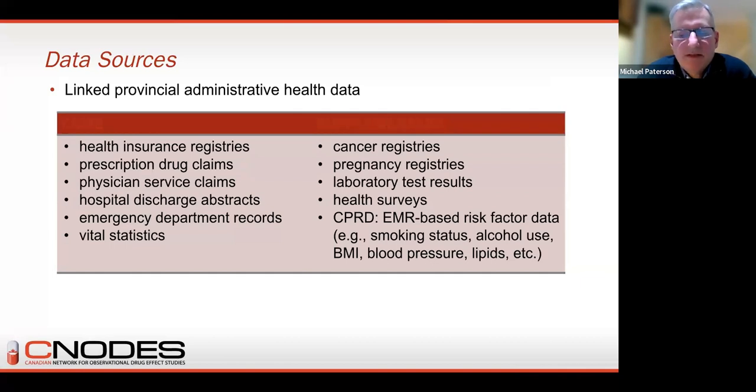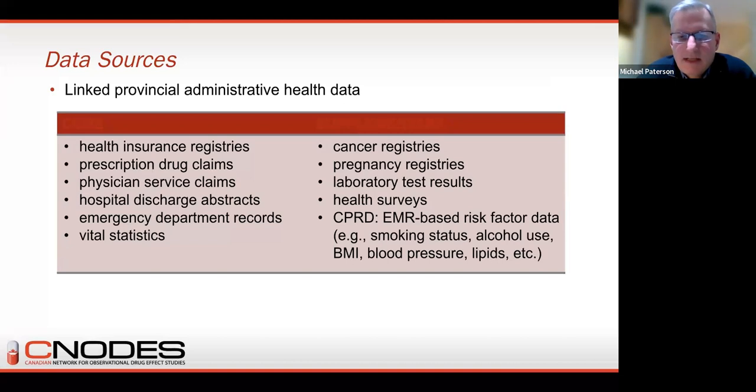And these are the primary data sources that we'll be talking about today that we've used to develop our common data model tables. On the right-hand side here are a number of supplementary data sources that have been used in our protocol-based analyses, depending on the nature of the question being asked. For example, our cancer registries for cancer outcomes.